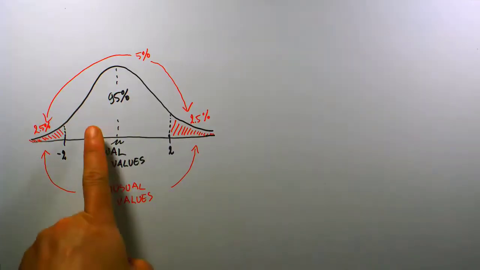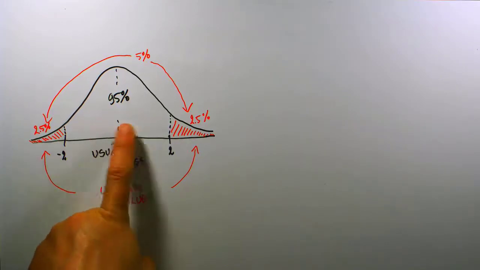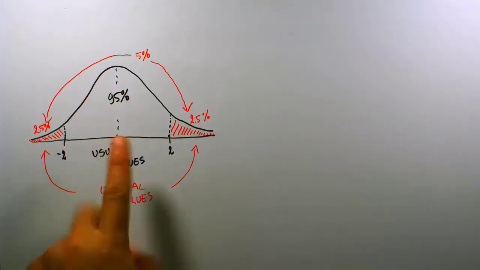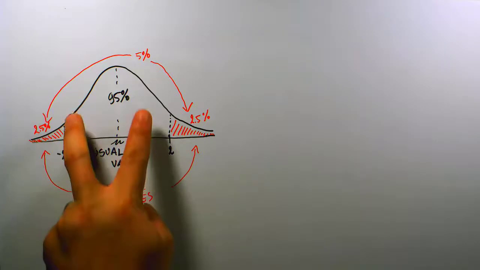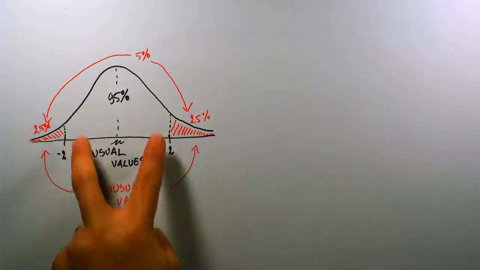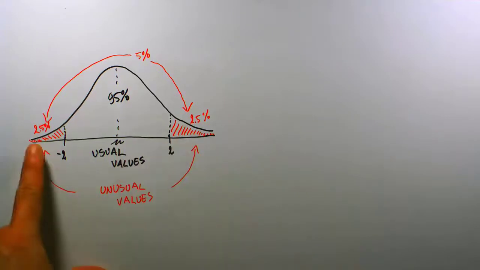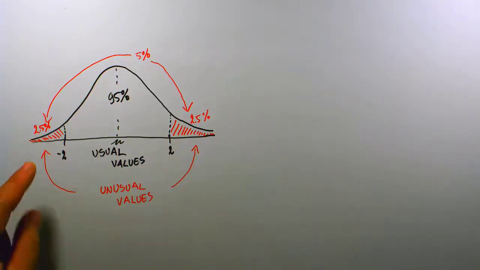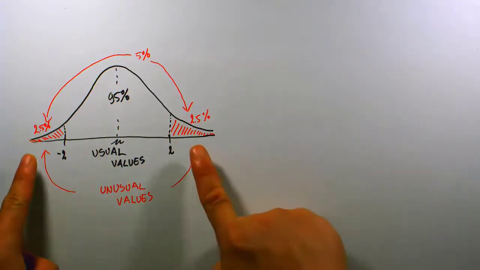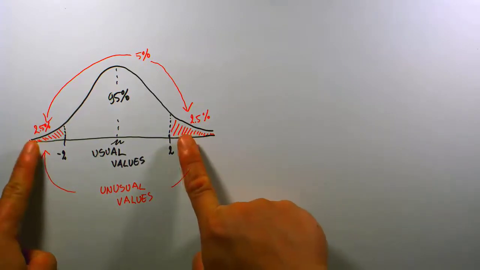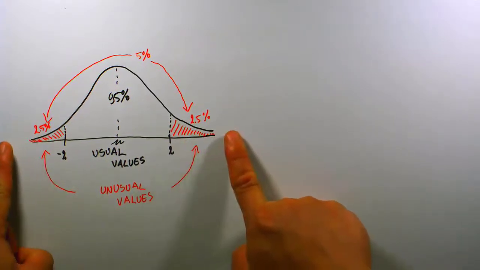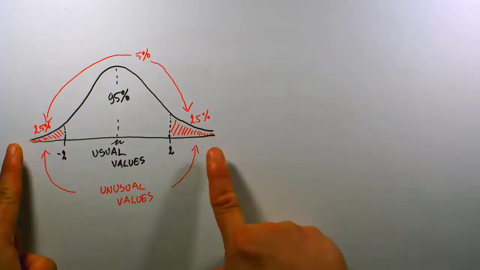Now, notice how the area of all the usual values is located right in the middle as a big fat area in the middle of the bell curve, and the 2 areas where the unusual values are located are the 2 squeezed tails on the bell curve right here, to the left and to the right.